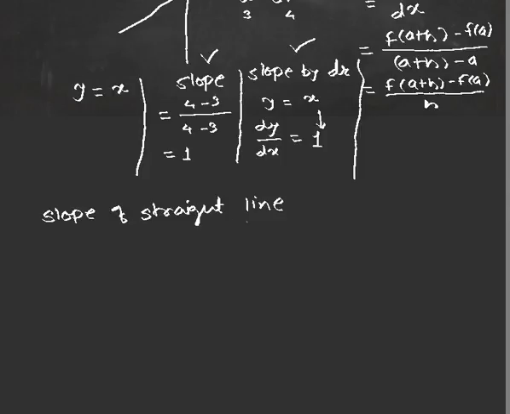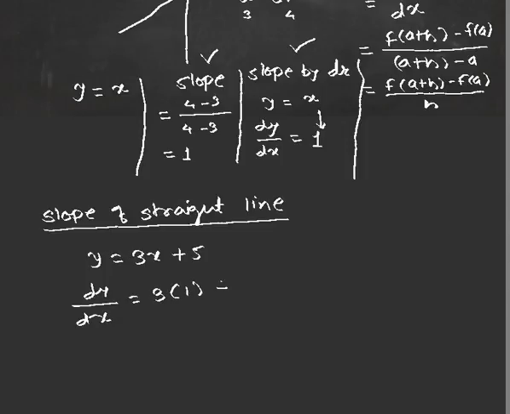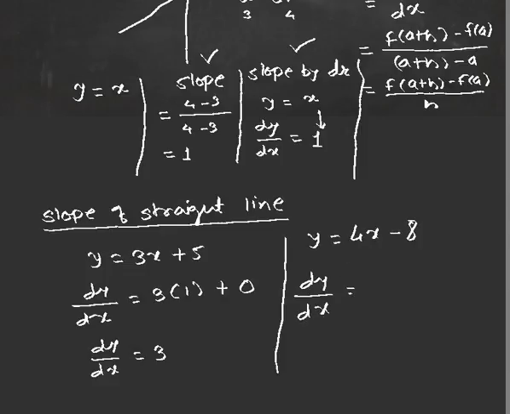Let us find some more slopes of straight lines so that you get a clear idea. y is equal to 3x plus 5, so dy by dx will be 3 into the derivative of x, which is 1, plus the derivative of 5, which is 0, so dy by dx is equal to 3. Again y is equal to 4x minus 8, dy by dx, the slope of that straight line, 4 into 1 minus 0, slope is 4.